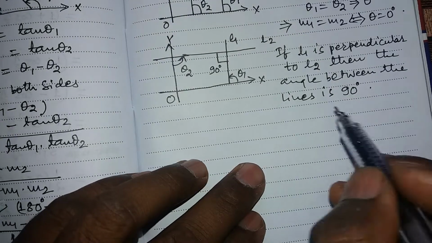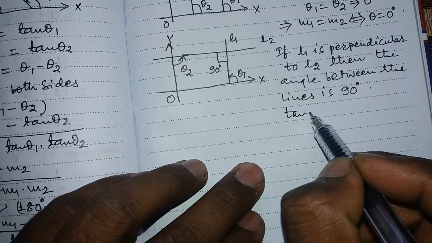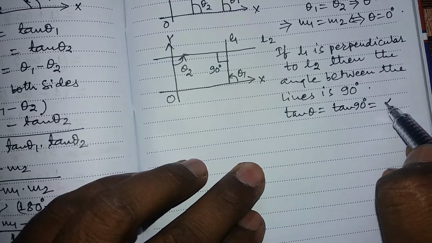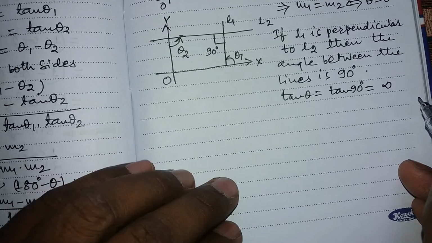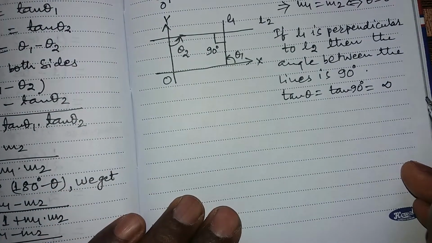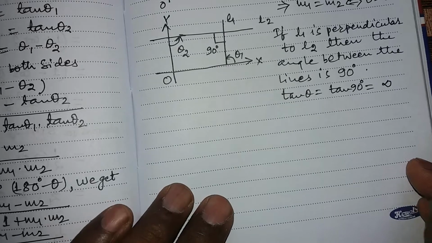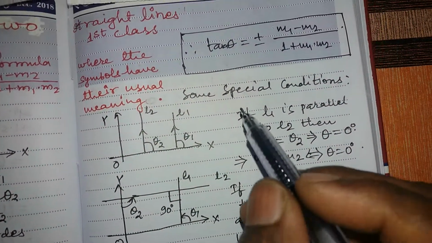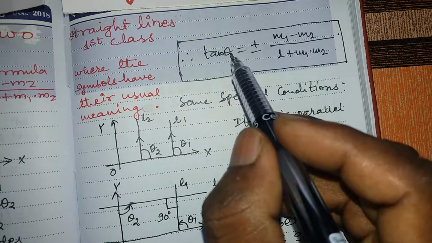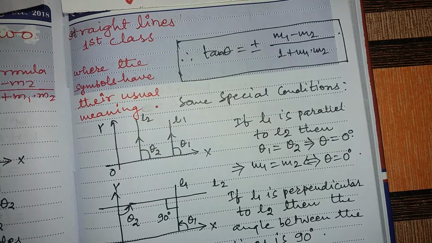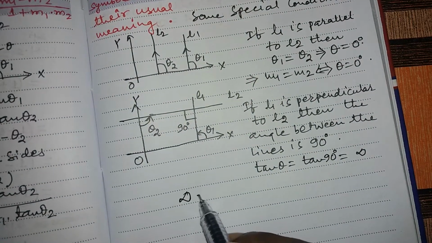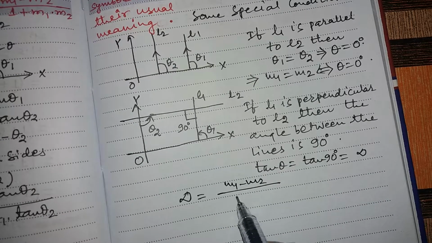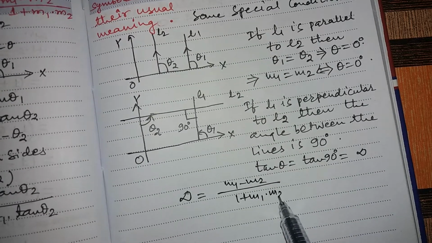That means tan theta equals tan 90 degrees equals infinity. This is the symbol of infinity. When we put theta equals 90 degrees, the value of tan theta is infinity, so we write infinity equals (m1 minus m2) divided by (1 plus m1 times m2).